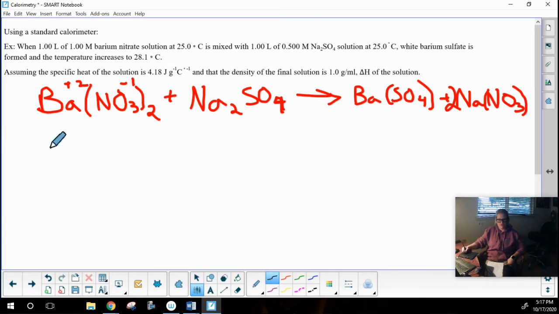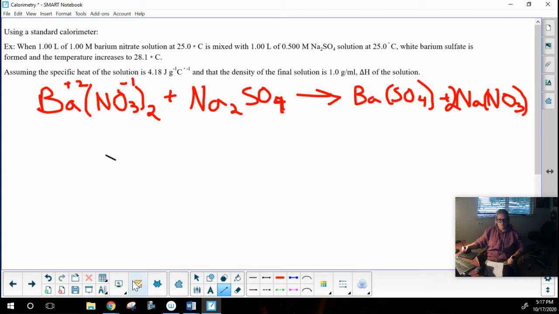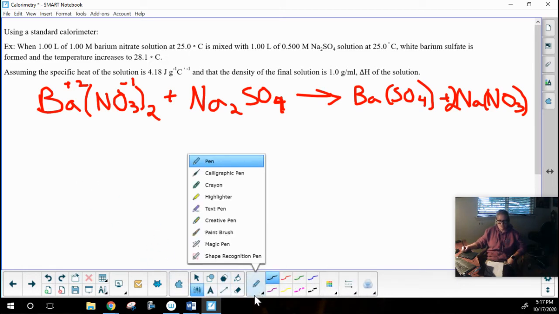So I'm going to go down here and decrease the size of my line real fast. Makes it look a little bit nicer. Okay, if that actually worked, probably not, but we'll try it. Don't think it did.